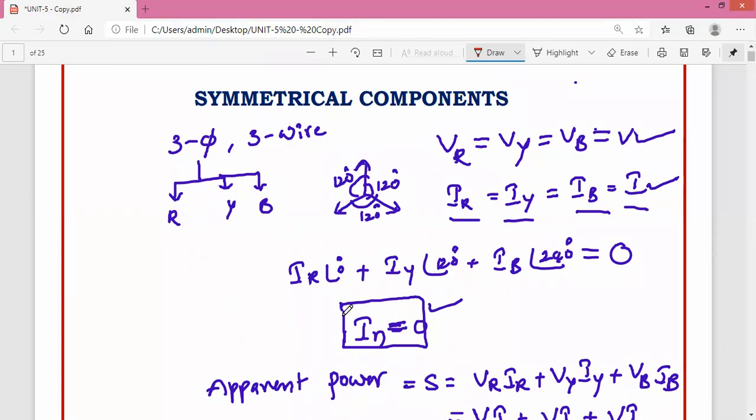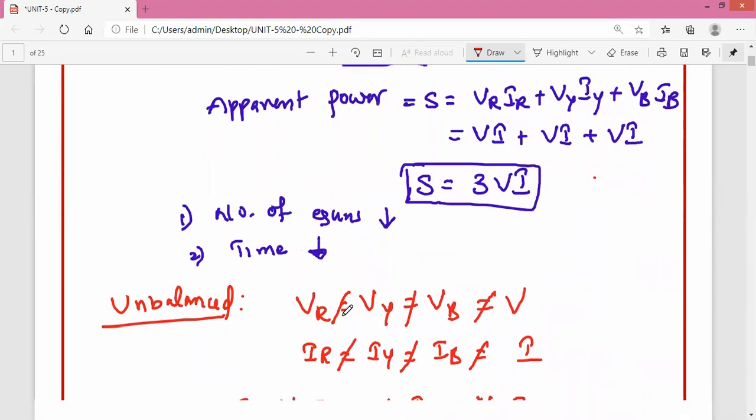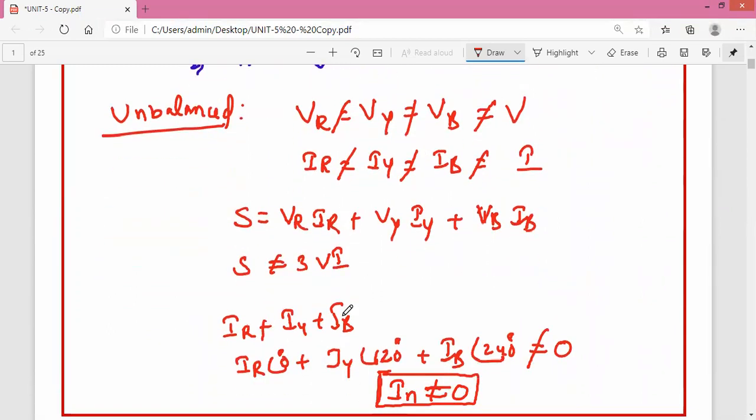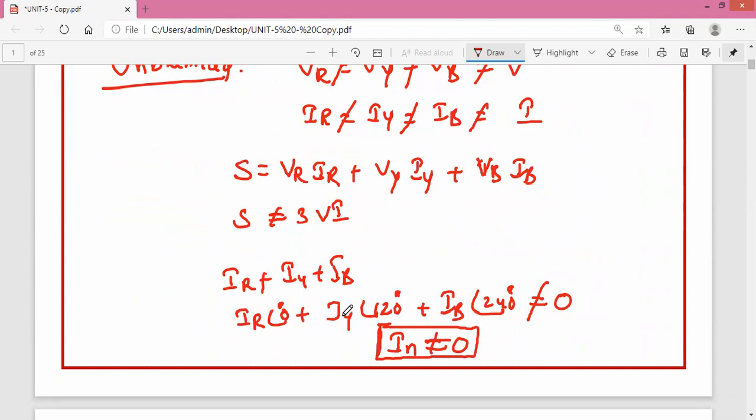Whenever the system becomes unbalanced, that means whenever there exists a fault in the power system, these balanced parameters will become unbalanced. In that case, we are not taking equal magnitudes, so each of them will be written separately. The power will not be equal to 3 times VI, and the summation will also not be equal to 0.